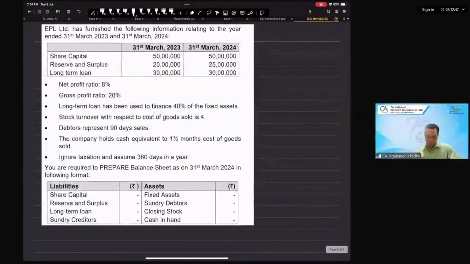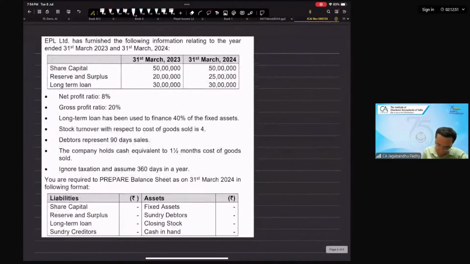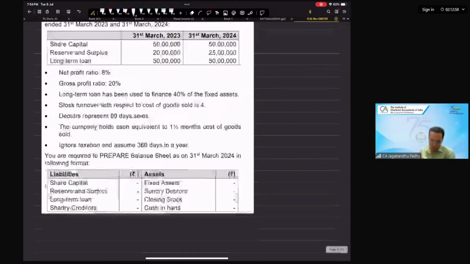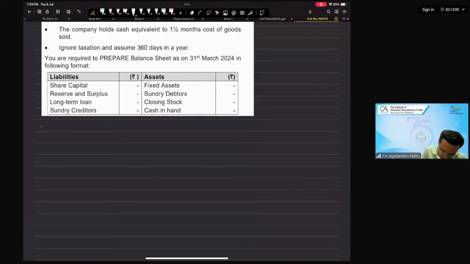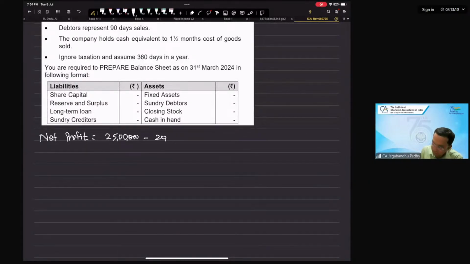So we talk of net profit: the closing reserves of 25 lakh minus the opening reserves of 20 lakh. Net profit is 5 lakh.